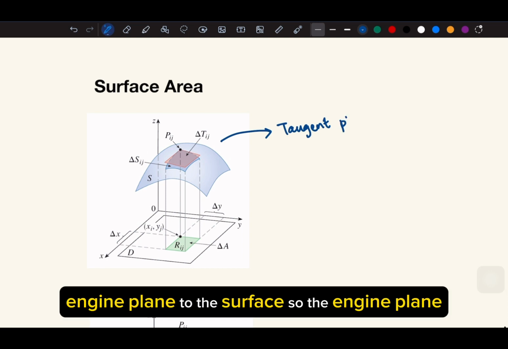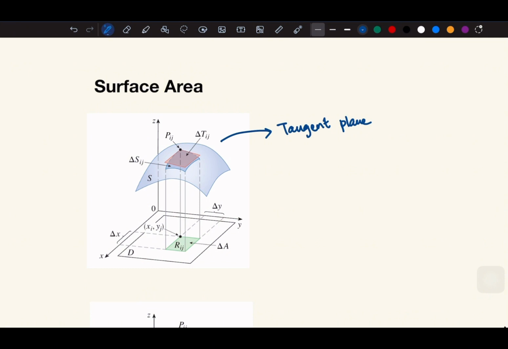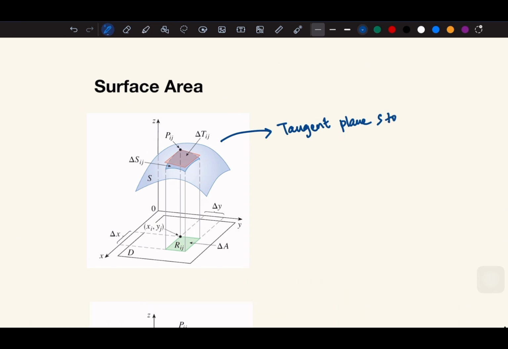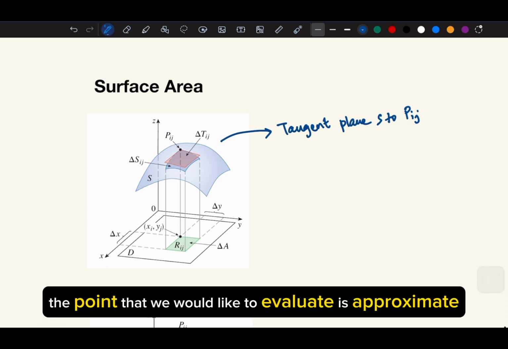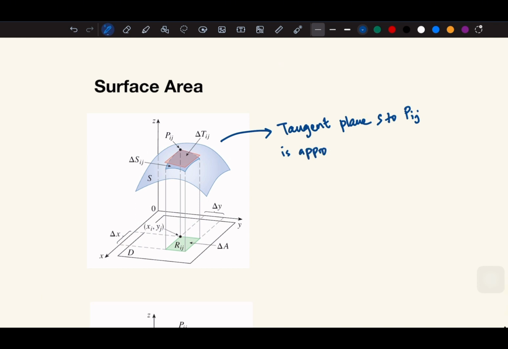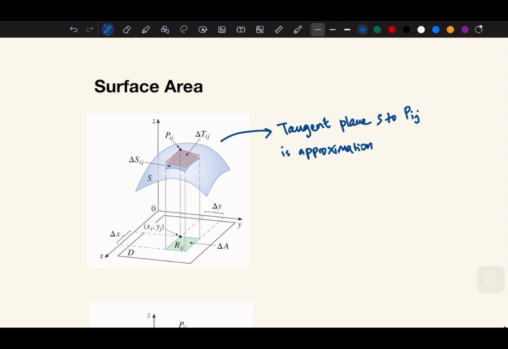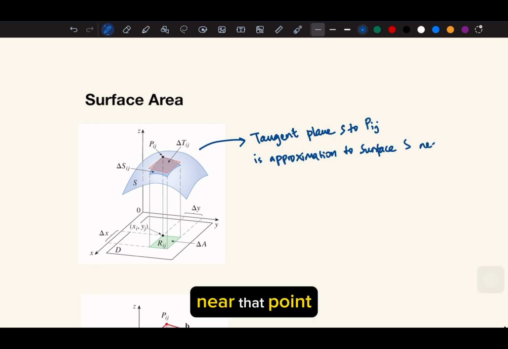Let's say the tangent plane to S at one point P_ij, the point that we would like to evaluate, is an approximation to surface S near that point.